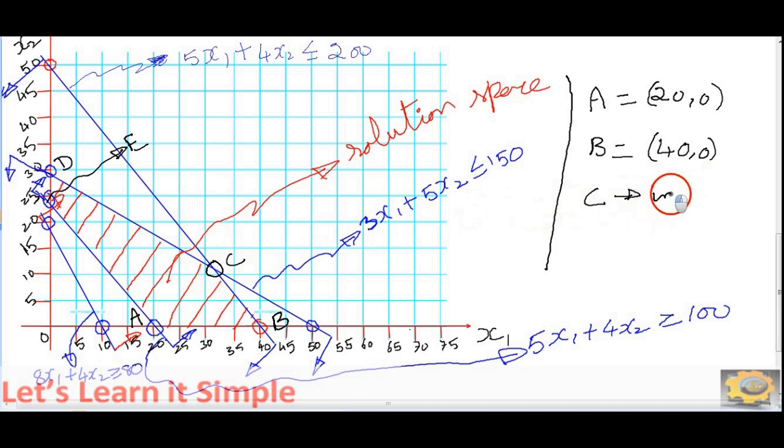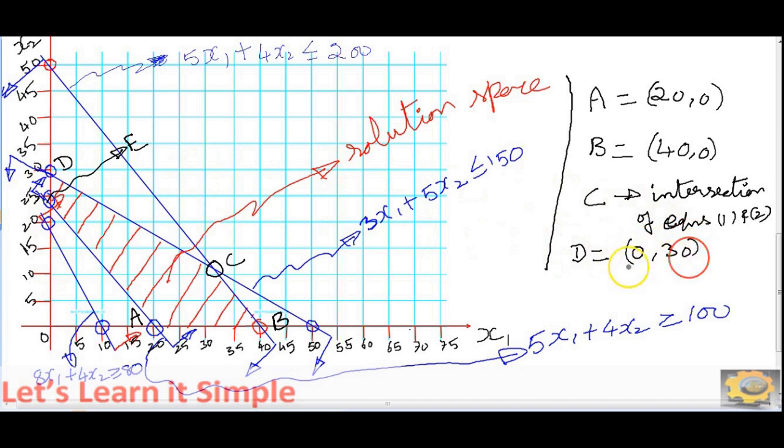So we need to solve constraints 1 and 2, or equations 1 and 2, to get the point C. Now the value for D, from the plot, is 0, 30, and for the point E it is 0, 45.